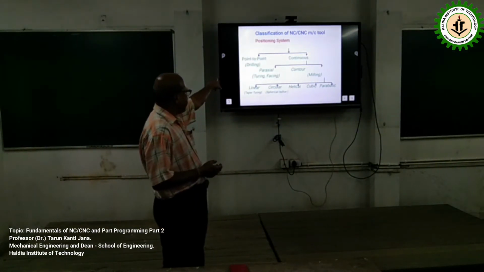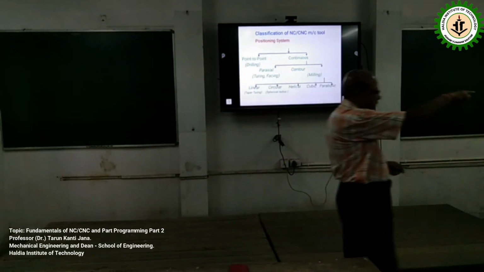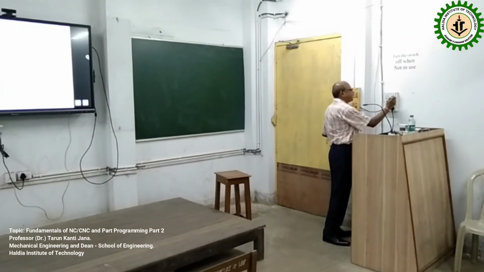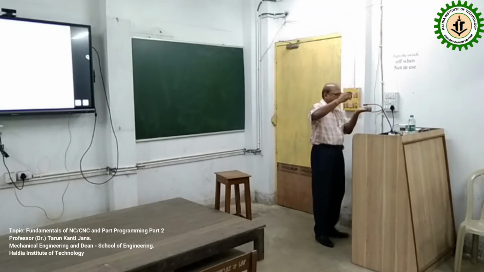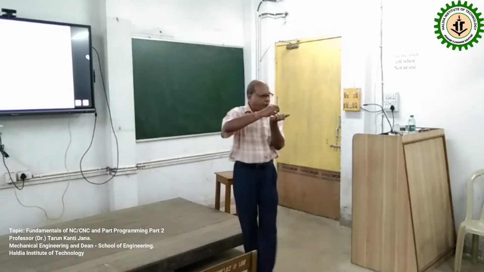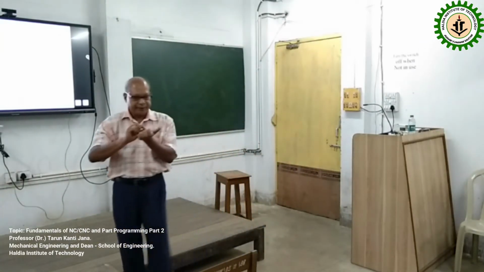The very first one is point to point, and the other is continuous. Whenever I was referring to the drilling operation with holes, when the tool comes exactly over the drill center point, in the vertical plane, it then moves downward according to the depth of penetration.